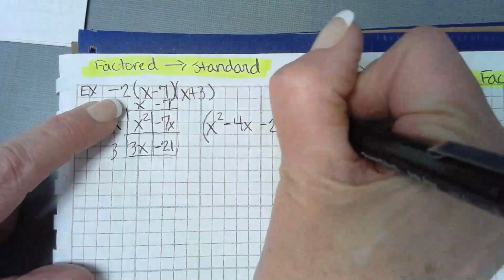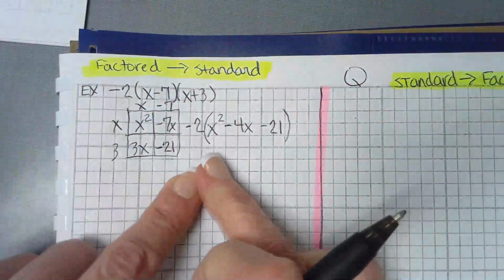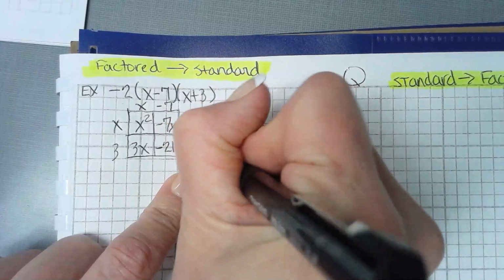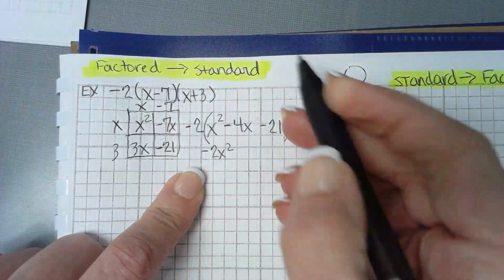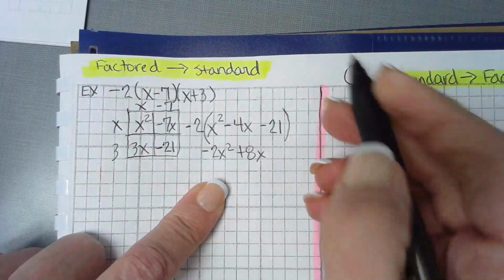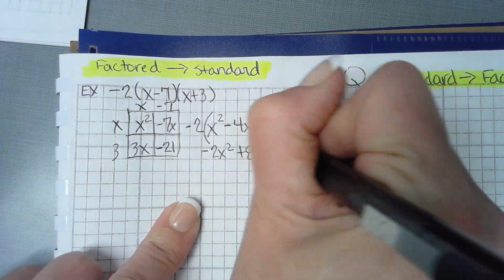So I'm going to need to multiply all the way through by -2. So -2 times x squared is -2x squared. -2 times -4x is positive 8x. And -2 times -21 is a positive 42.